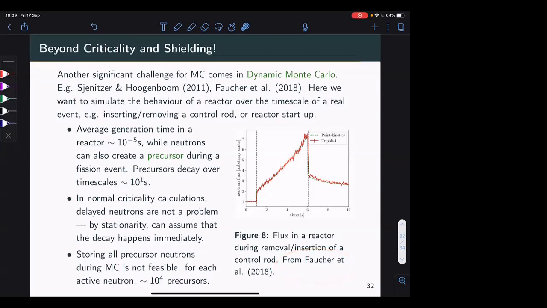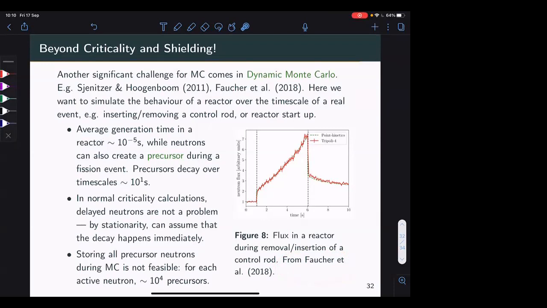is, if I understand right, the number of precursor neutrons you would have in the system at any one time, ones that are currently waiting to decay into a neutron but are in some isotope somewhere, is of order 10 to the 4 times the number of particles that you might have actually active.